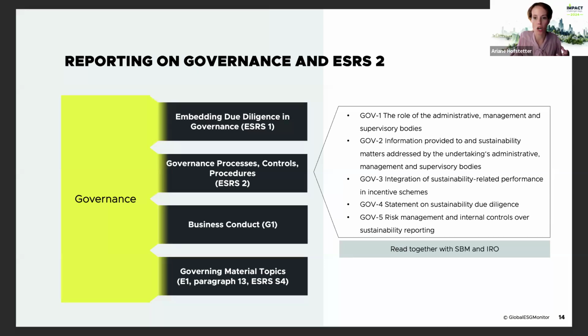So you see that's all connected to each other and shows you that governance is really brought into the ESRS. What those 1 to 5 disclosures combine is the role of administrative, management and supervisory bodies.